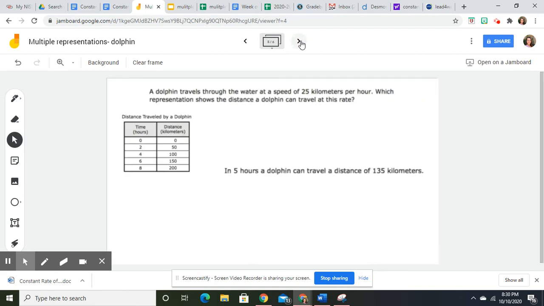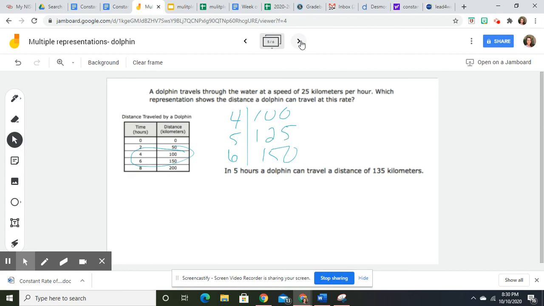In this representation, we have another verbal description. It says in 5 hours, a dolphin can travel a distance of 135 kilometers. Well, we see that 5 is not on our table, but we can tell that 4 is 100, and 6 is 150, and we can find that missing piece in between by adding 1 more number.